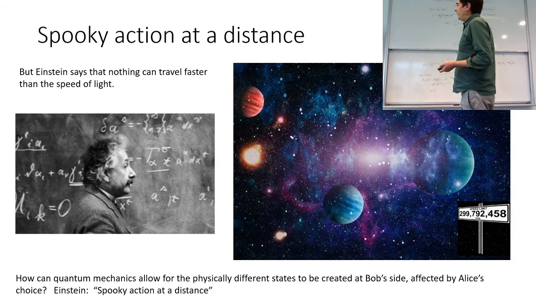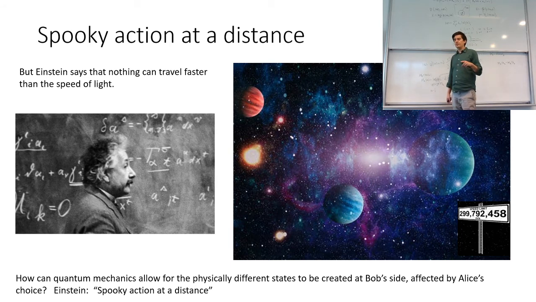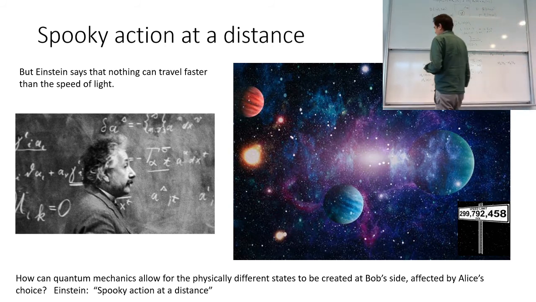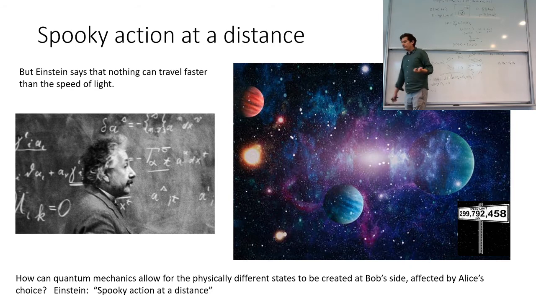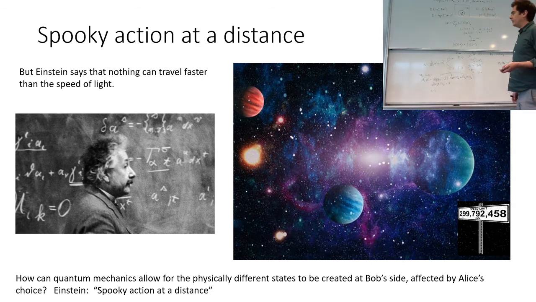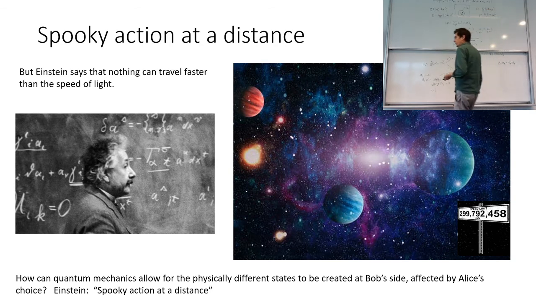Now, you might be wondering: Einstein said that nothing can travel faster than the speed of light. I don't know if you're familiar with this concept. Einstein's theory of relativity says nothing can travel faster than the speed of light. There's a cosmic speed limit. That's an unbreakable law of physics. Yet quantum mechanics seems to break this law.